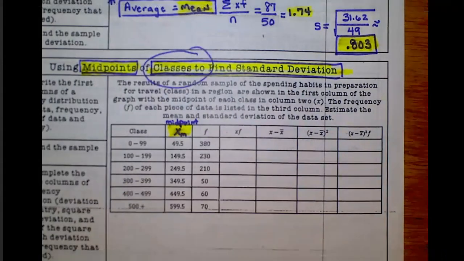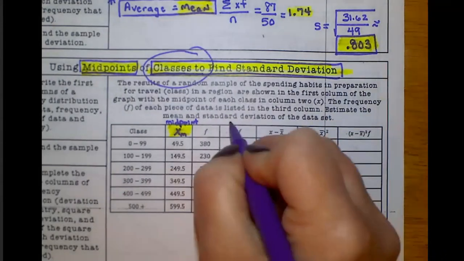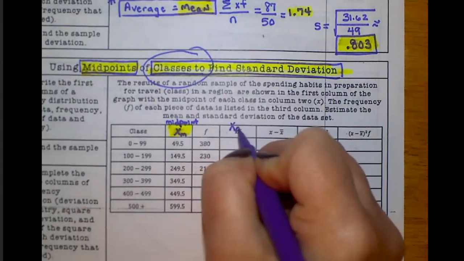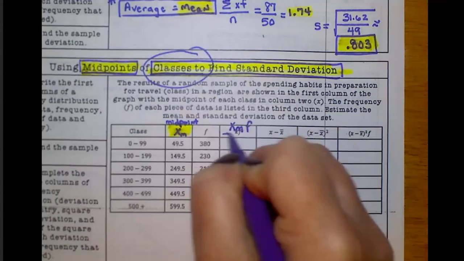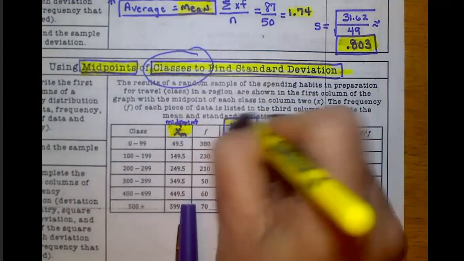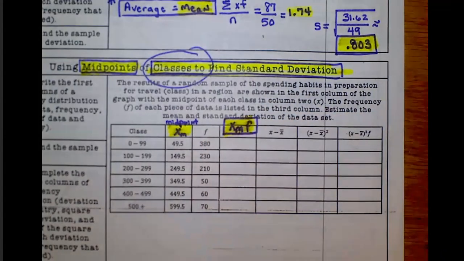So what you do next is just what we did above, but now that you know your X, you're going to take your midpoint. I'm just going to change this right here. It's going to be Xm times F. So you're going to take what that midpoint was, and multiply it by how many times it occurred.